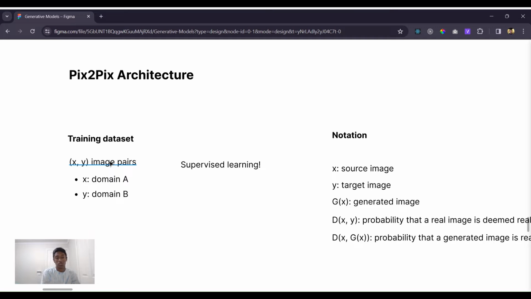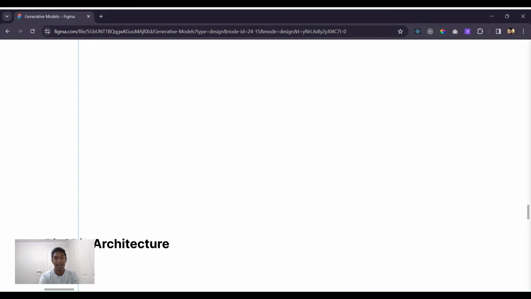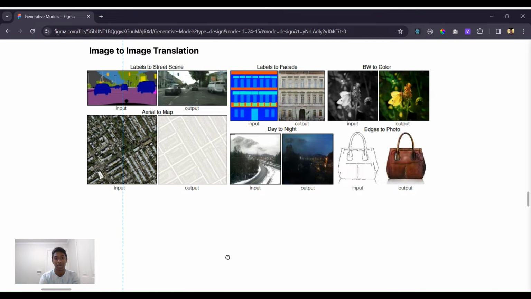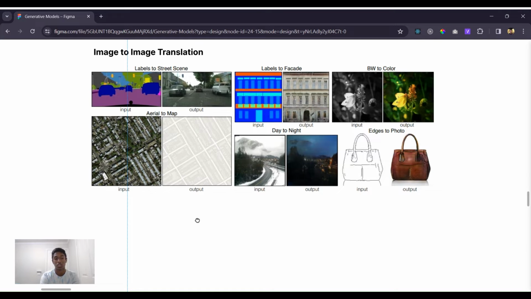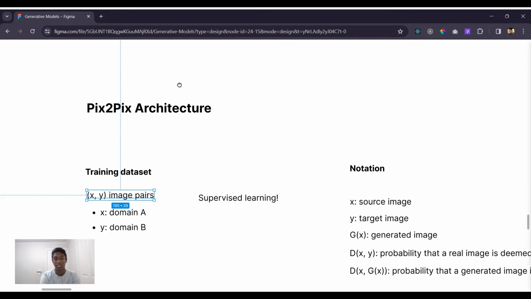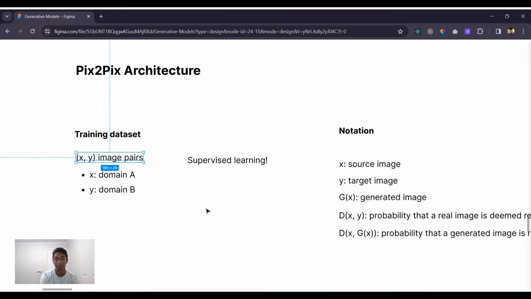So X is images from domain A and Y is images from domain B. So this is supervised learning. And the really key thing to note here is that these have to be paired up. So we need to have these pairs in our dataset. We need to have this image and this image, which corresponds to the exact translation of that image. And that's one key thing to know about the pix-to-pix architecture.